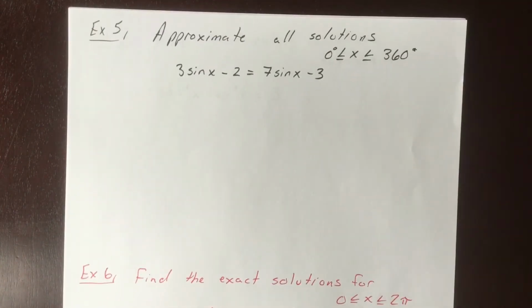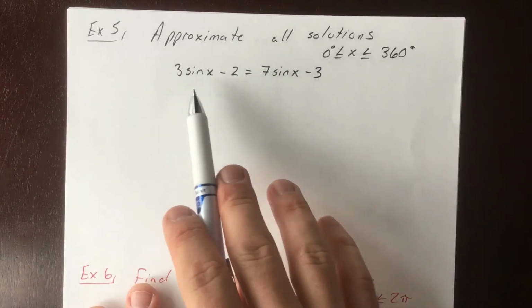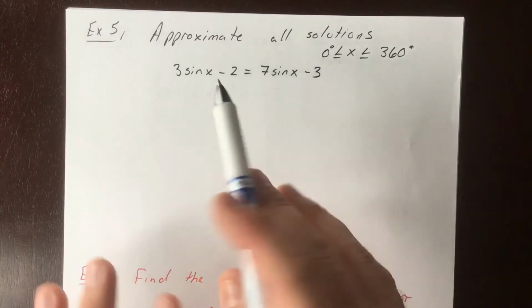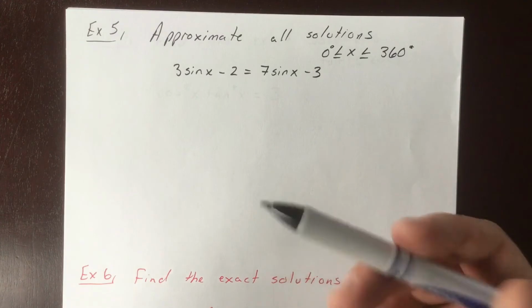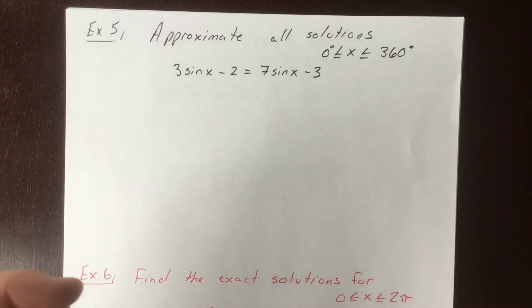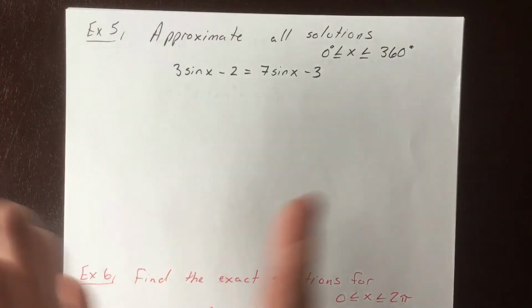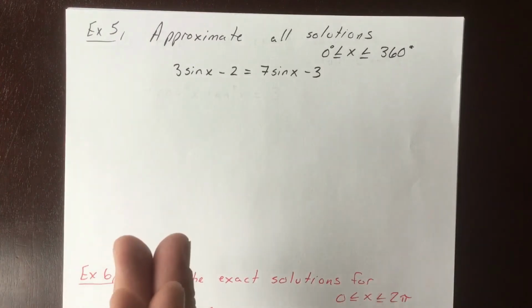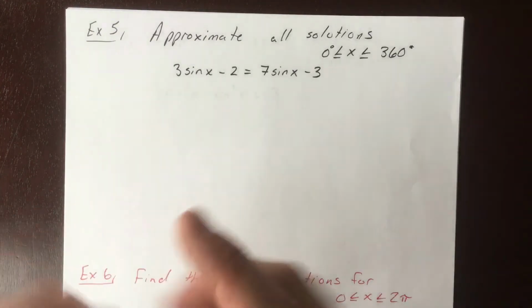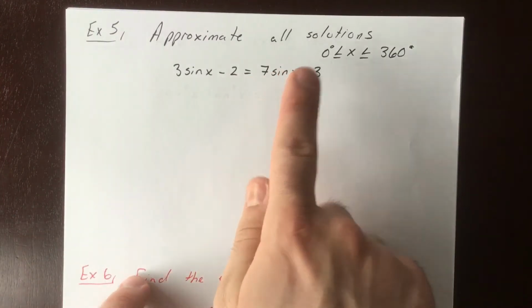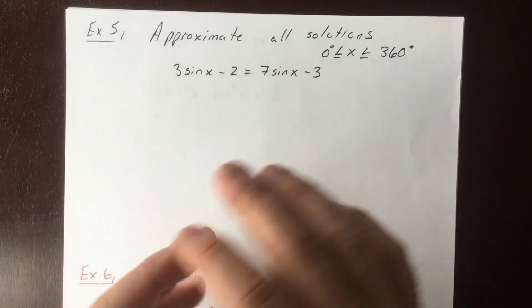So approximate. We wanted to approximate the value for 3 sine of x minus 2 equals 7 sine of x minus 3. Now when you think approximate, you might go and maybe y1, y2, and look for an intersection.